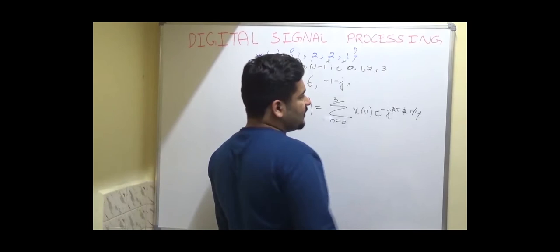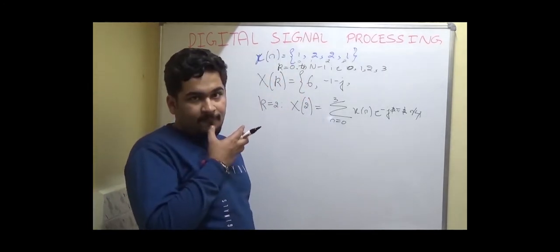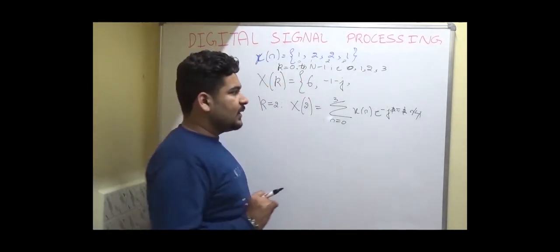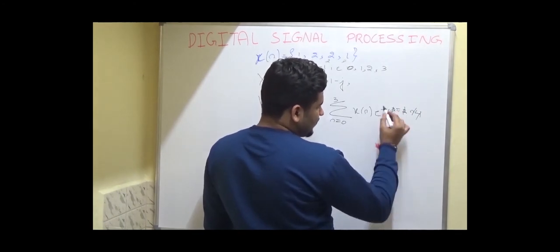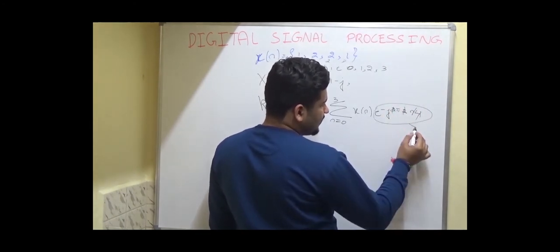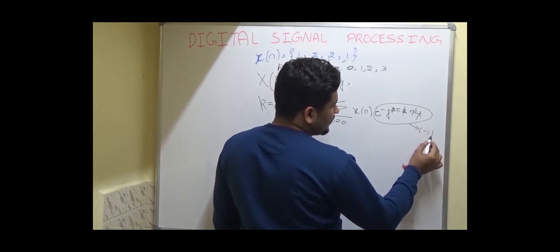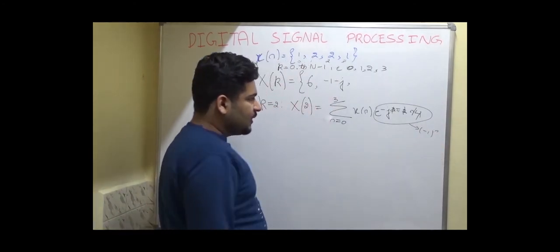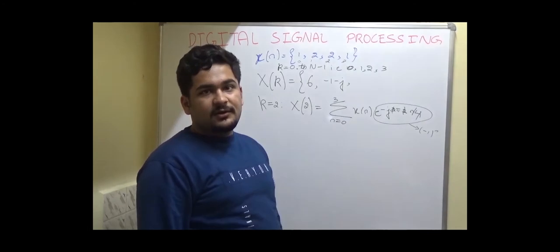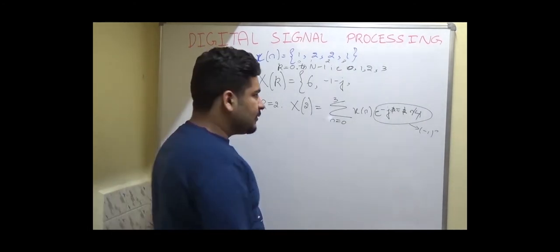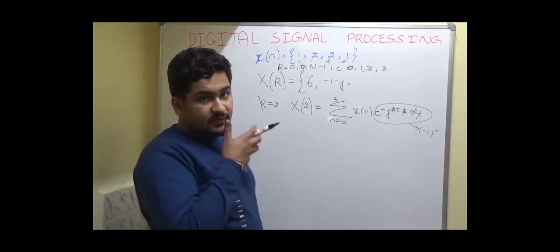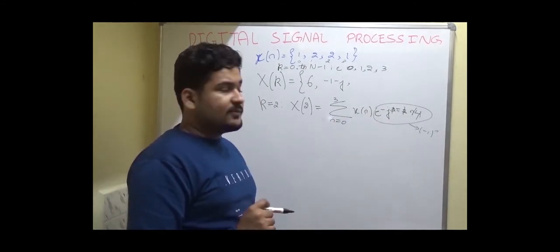Now e raised to the power minus j pi is always minus 1. So therefore I can represent this entire part as minus 1 raised to the power n. These are very minute things which will reduce the complexities when I am calculating in the later stages. So these are minute things which we need to observe.